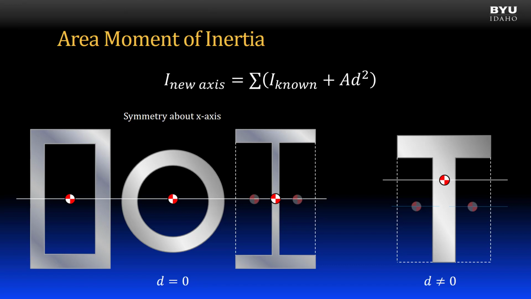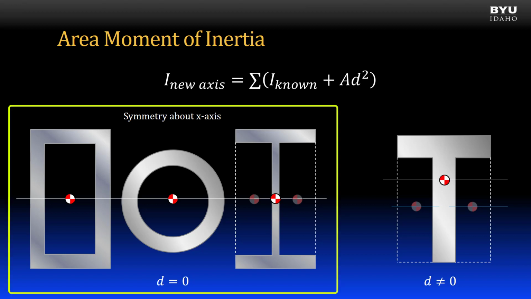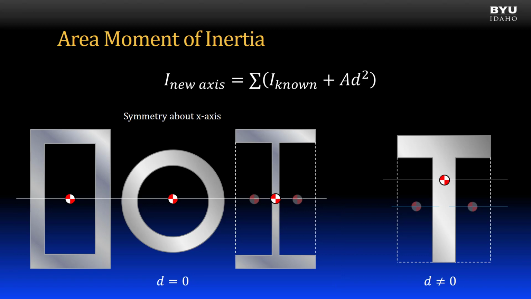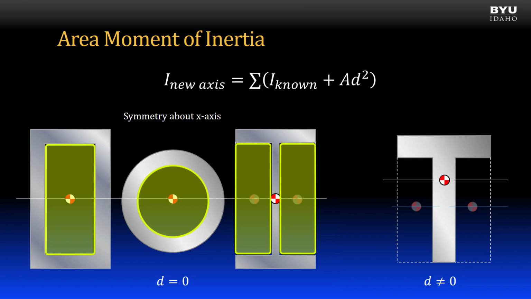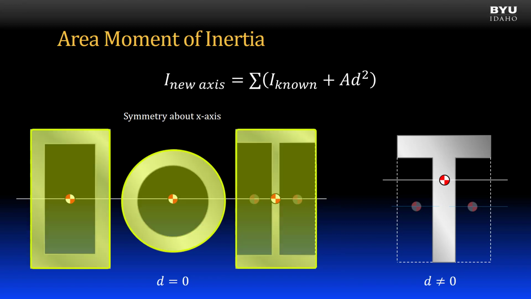The parallel axis theorem formula shown is used to find the moment of inertia of composite shapes by breaking the shapes into simpler parts and incorporating the contribution of each part into the whole. For composite shapes that are symmetric about the moment of inertia axis, shown here as the horizontal axis, the moment of inertia can be found by subtracting the moment of inertia of the hollow regions from the moment of inertia of the perimeter geometry.